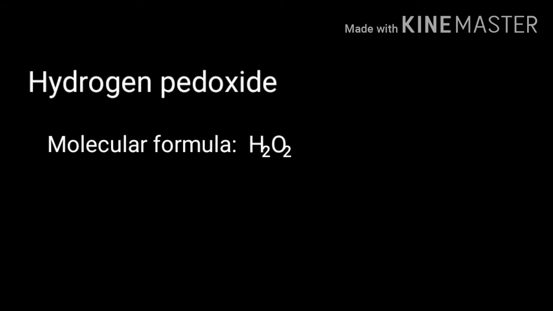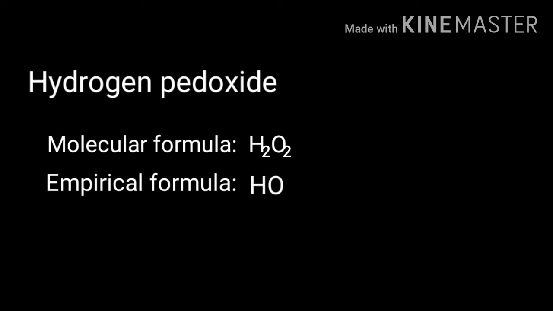For the compound hydrogen peroxide, which contains 2 hydrogen atoms and 2 oxygen atoms per molecule, the molecular formula is H2O2. But its empirical formula is HO, since the simplest ratio between number of atoms of hydrogen and oxygen is 1:1.